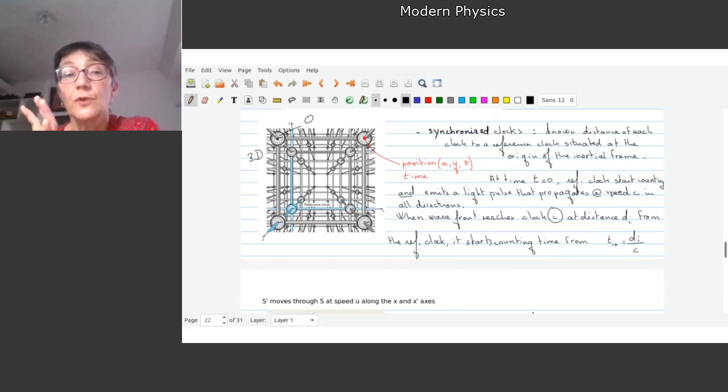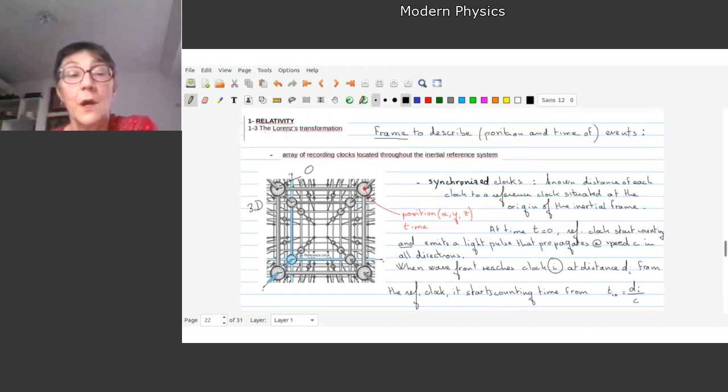It took 1 second for the light to reach this clock, and so when light reaches this clock, you set it to 1 second, and so on, 2 seconds, 3 seconds. And so you can have a 3D array of synchronized clocks.